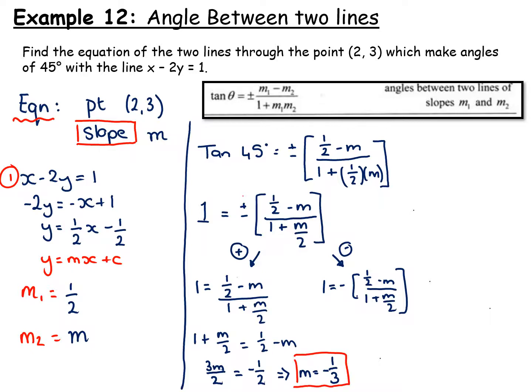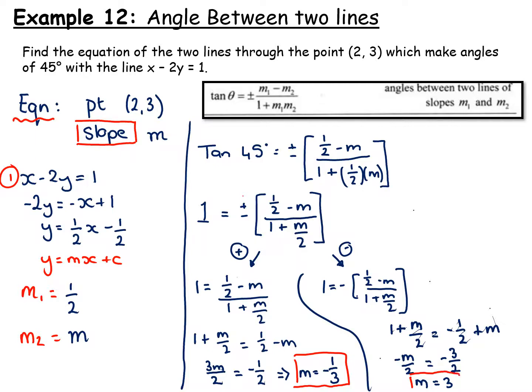So working with the next one, we can have 1 plus m over 2 is equal to minus a half plus m. Bring letters over to the other side, so m over 2 minus m, which is minus m over 2. And here we have minus a half minus 1, minus 3 over 2. And we figure out then m equals 3.